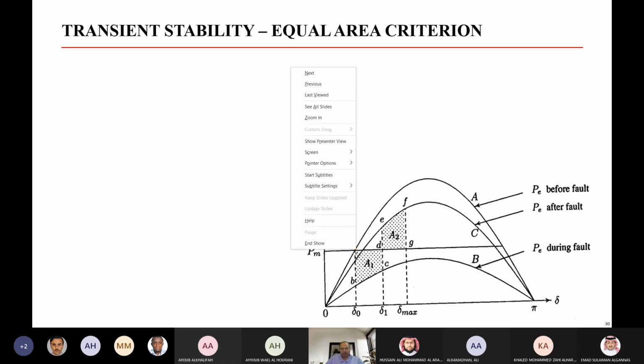Initially, we are working here, and when the fault occurs, this point goes down to the during-fault curve. We have the acceleration, and the angle will increase.